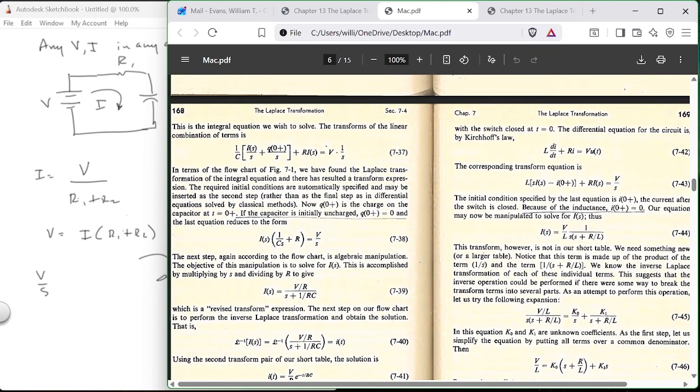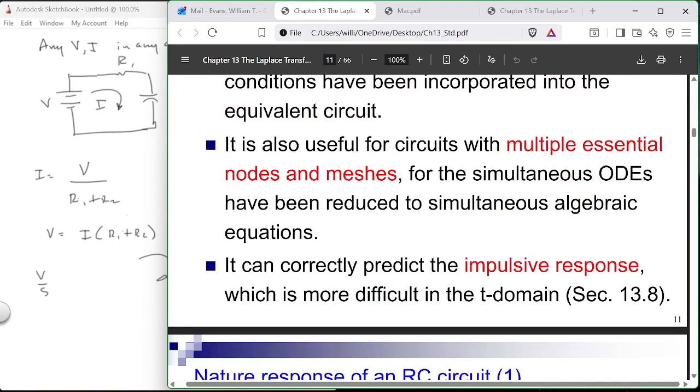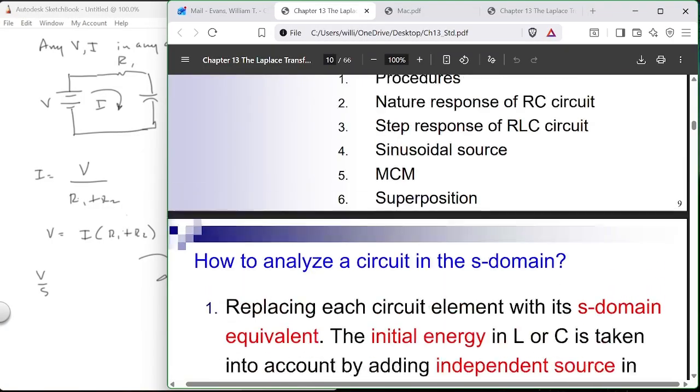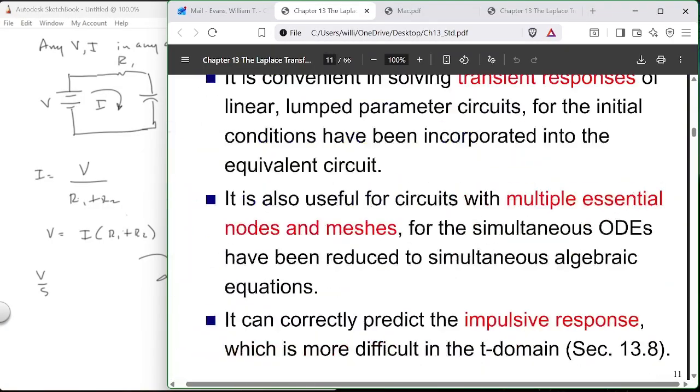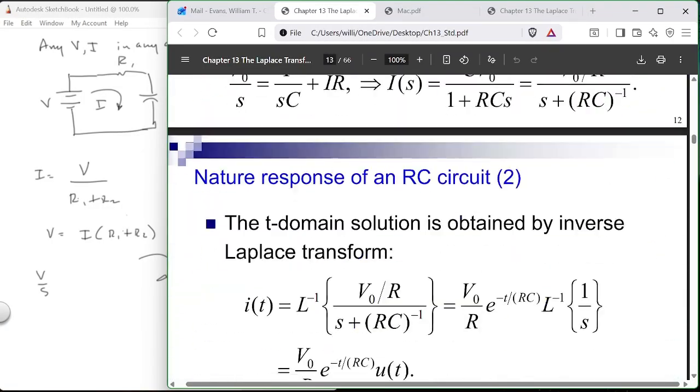Okay, so what happens with the inductor? In this case, do they have an initial condition? It's 0, so you've got to be careful. You've got to always watch. See, it's 0. So in that case, you don't have to worry about it.